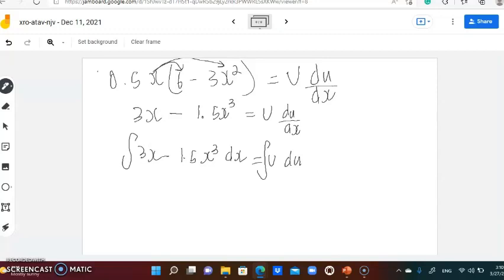So if I integrate what I have here, it is going to be 3 over 2 x squared minus 1.5 over 4 x to the fourth.